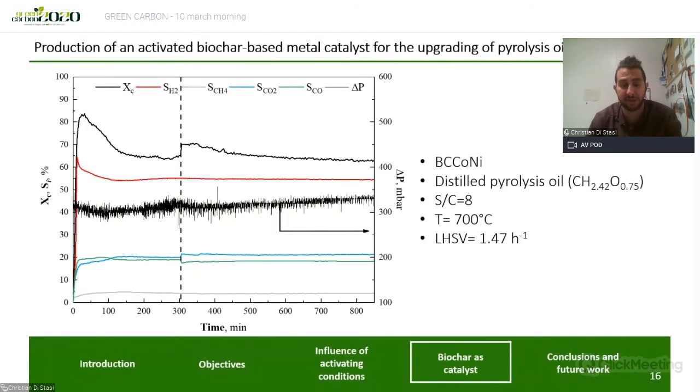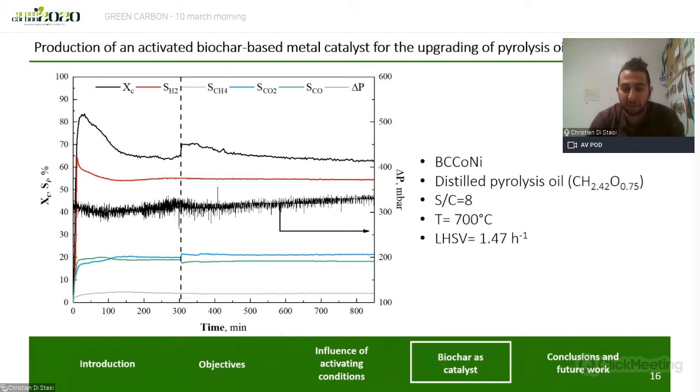After a first loss in activity, in which the conversion goes from 85% to 65%, we cooled down the reactor and heated it up again. We regenerated the catalyst a bit, as you can see, because there is a small improvement of the conversion, which was gradually lost again. However, the final conversion reached a plateau value of 65% even after 850 minutes.